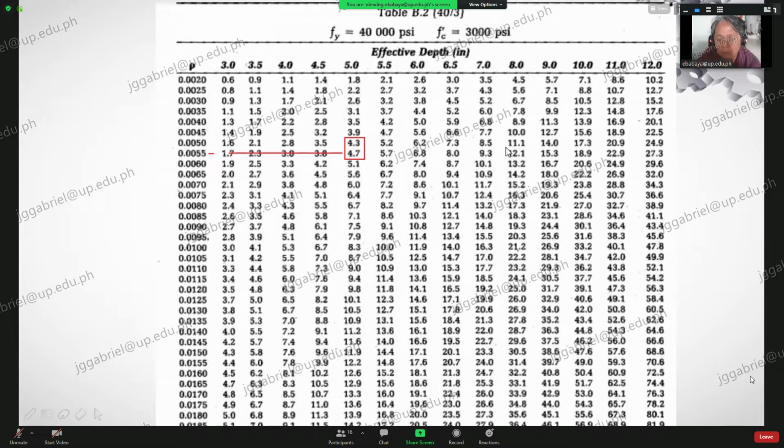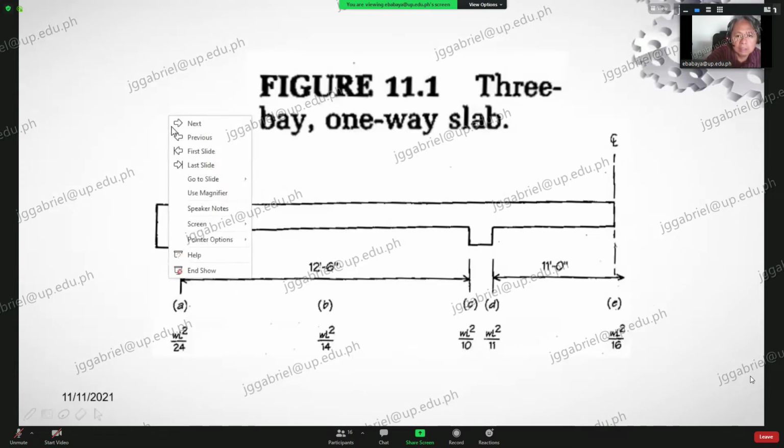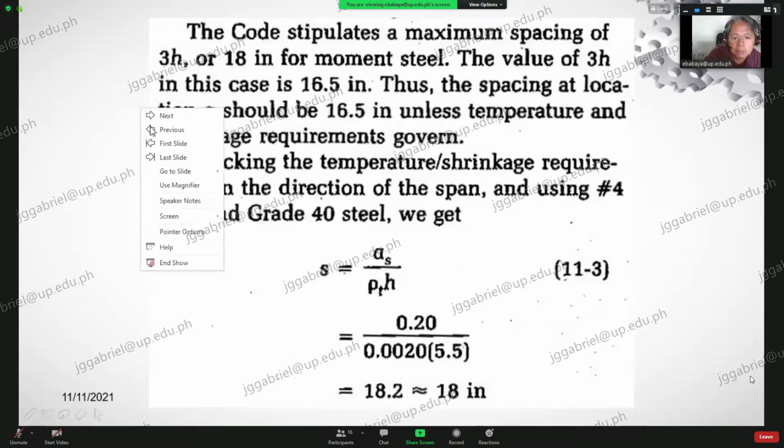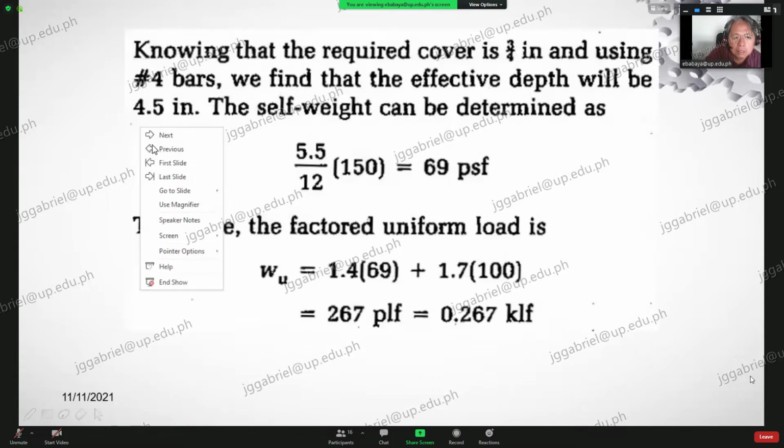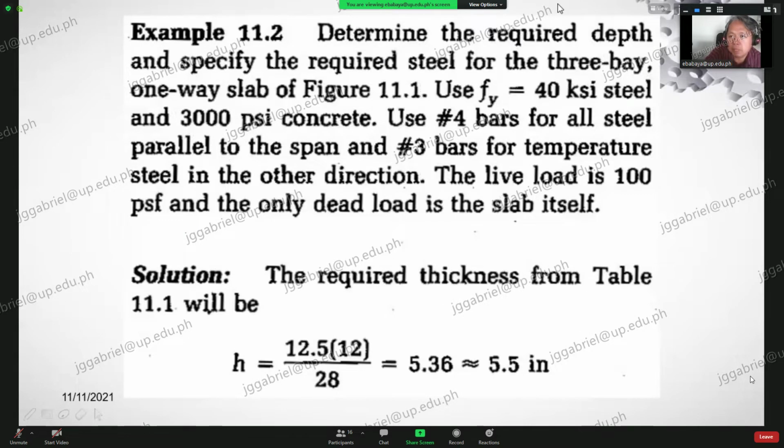Okay. Now, let's go further. Ito namang example na to. It says, determine the required depth and specify the required steel for the 3-bay one-way slab of figure 11.11.